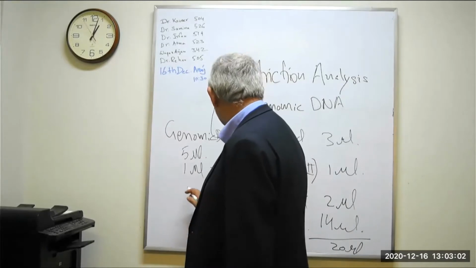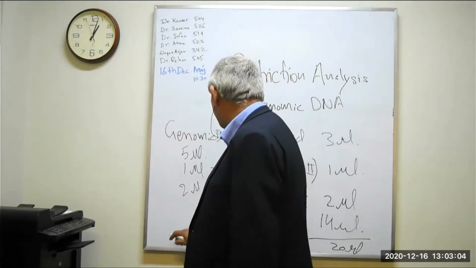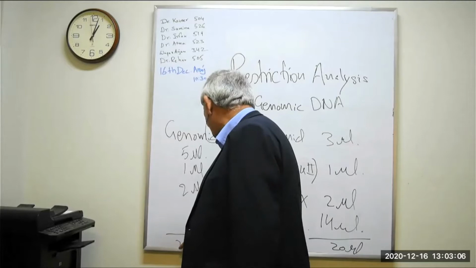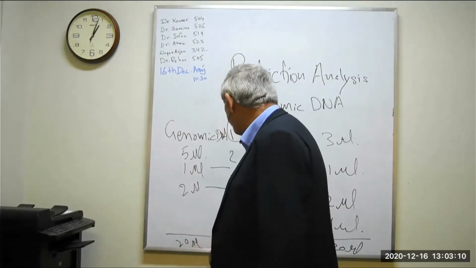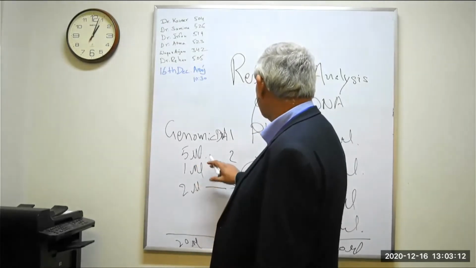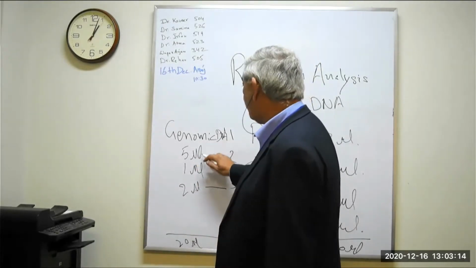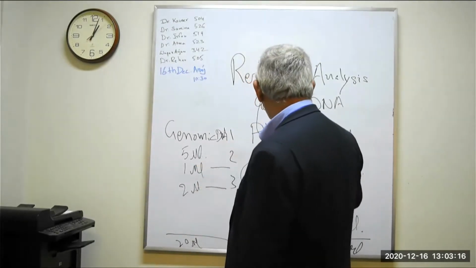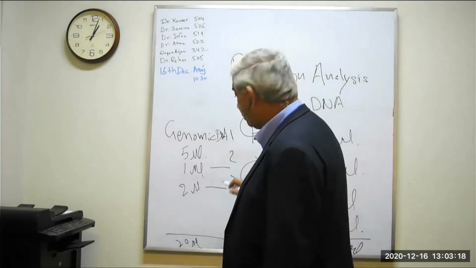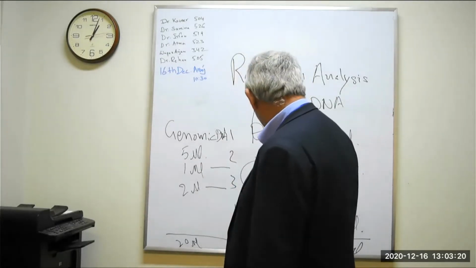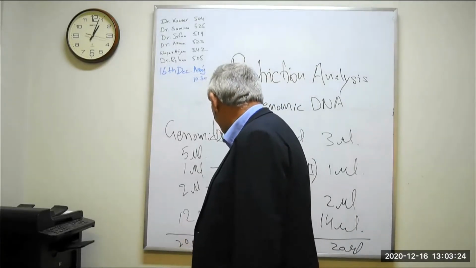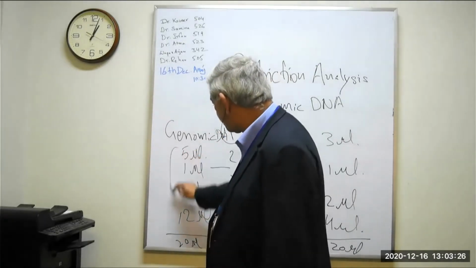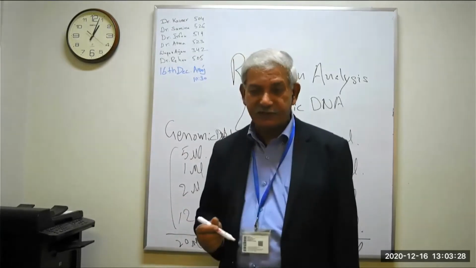Buffer will remain the same because our total volume is going to be 20 microliters. So we increase this genomic DNA by 2 microliters compared to 3 microliter in plasmid. So we have to decrease 2 microliter from water. So we will add 12 microliter of water, and this will total into a 20 microliter reaction.